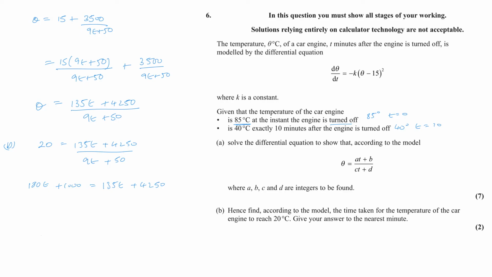So 180 minus 135 is 45T. Take away the 1000 is 3,250. 3,250 divided by 45, T equals 650 over 9, which is 72.2 recurring minutes.